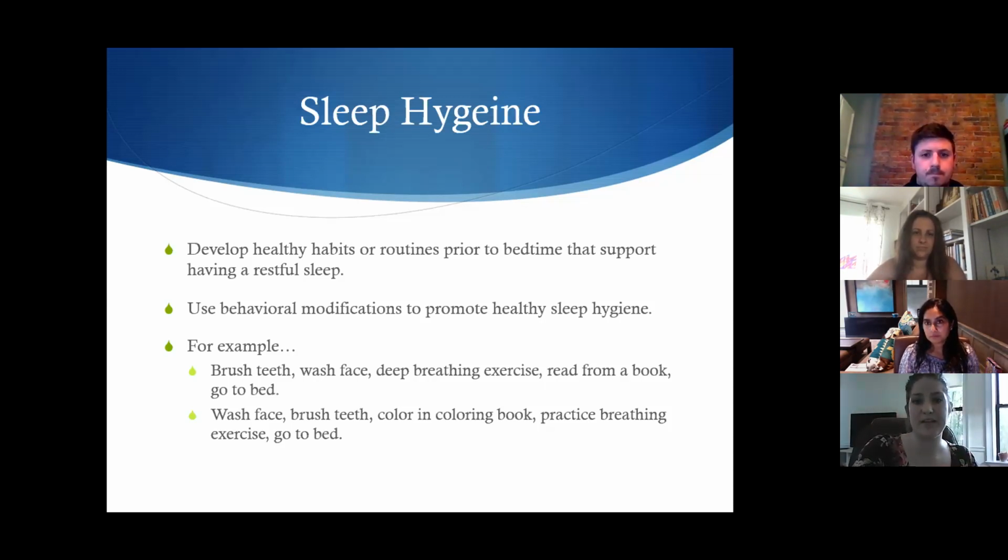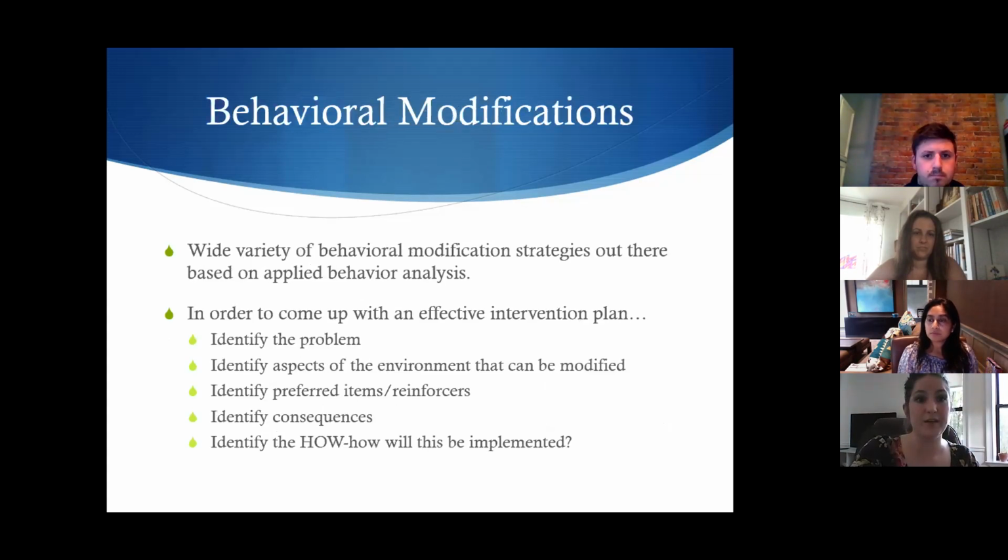So I'll be discussing how to use those specific modifications to support a healthy sleep routine. There is a wide variety of behavioral modification strategies out there. So I came up with what I think is the best way to create an effective intervention plan when you have a child who has difficulty sleeping. First, identify the problem.